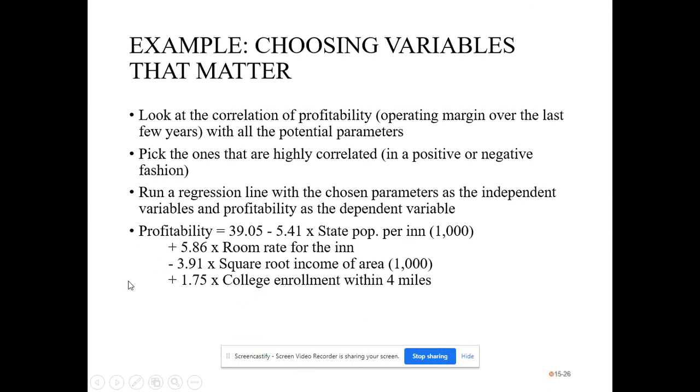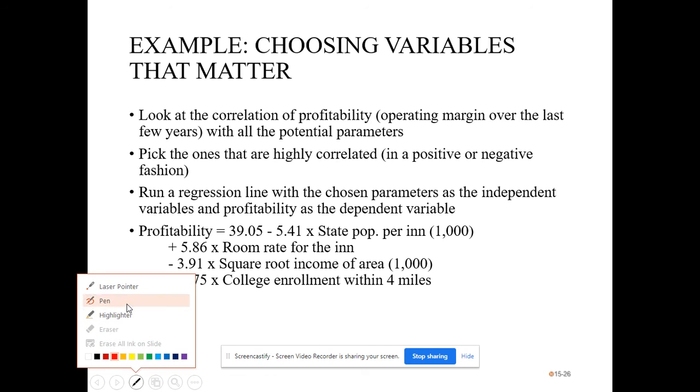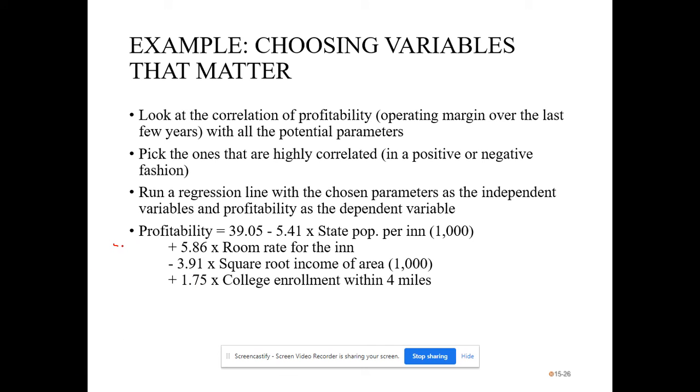Suppose we run a regression, and I came up with this equation. Profitability is equal to a constant intercept, minus 5.4 times state population, plus 5.86 times room rate, minus 3.91 times square root of income of the area, plus 1.7 times college enrollment.